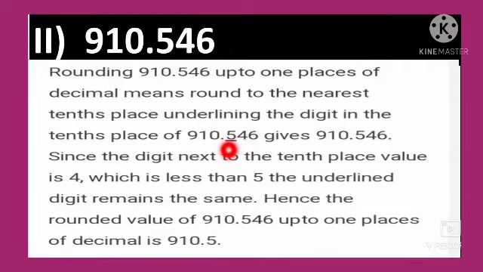The underlined digit remains the same. Since the digit next to the 10th place value is 4, which is less than 5, the underlined digit remains the same. Hence, the rounded value of 910.546 up to 1 place of decimal is 910.5. So leave 4 and 6, because as our last step after rounding off, we have to ignore all the digits after the underlined digit.